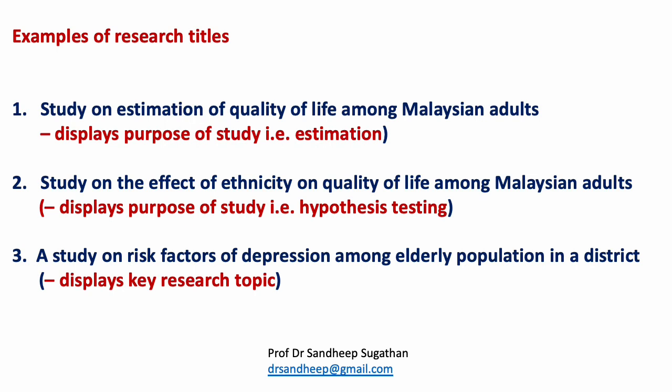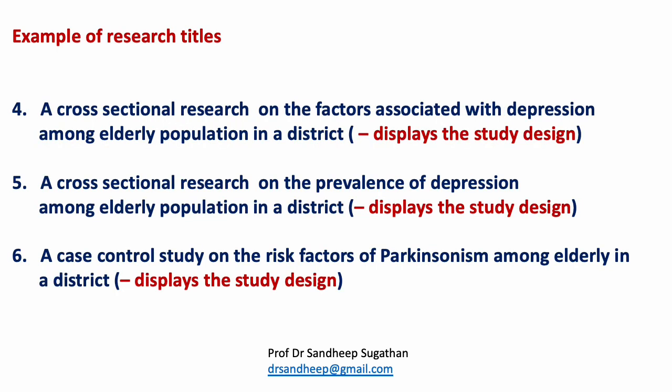Then third example: a study on risk factors of depression among elderly population in a district. It displays the key research topic. Now, the next title shows the study design: a cross-sectional study on the factors associated with depression among elderly population in a district.